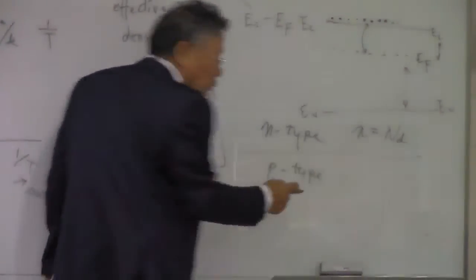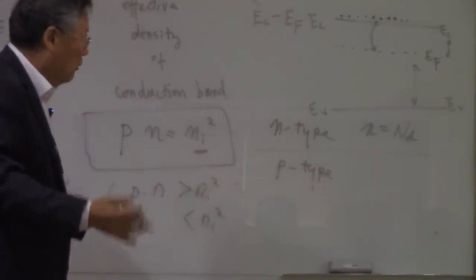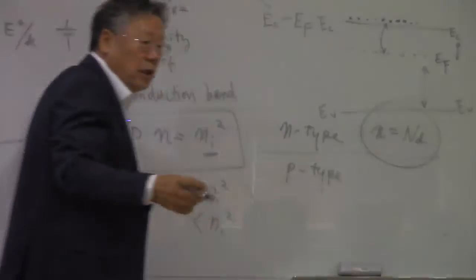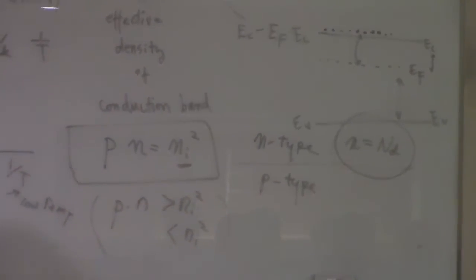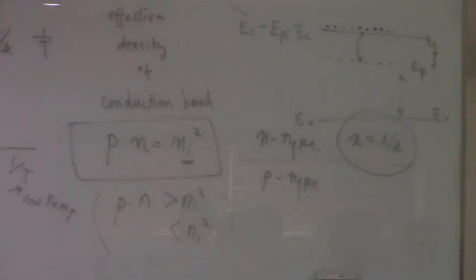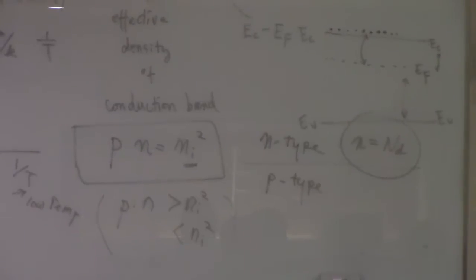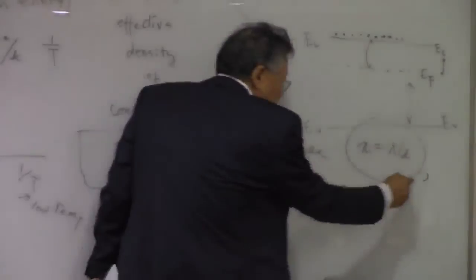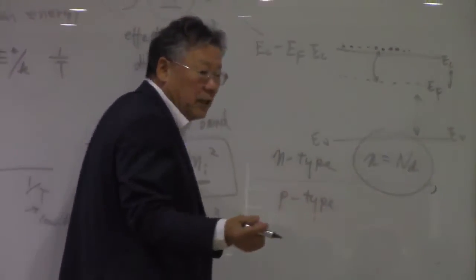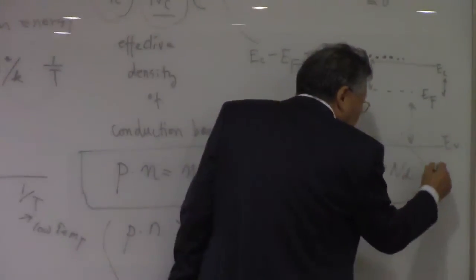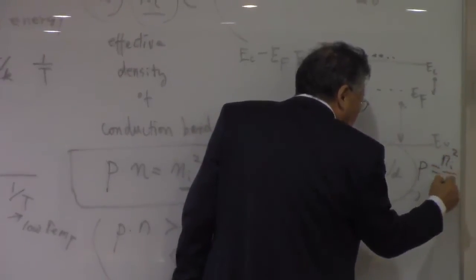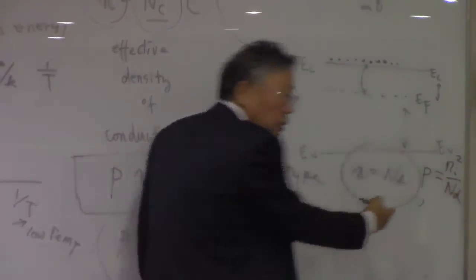So in N-type, we put a large number of electrons so that the electrons in that material are equivalent to the number of dopant atoms that you put in intentionally. Then the minority carriers, p, can be said as n_i squared over N_d. That's simple.